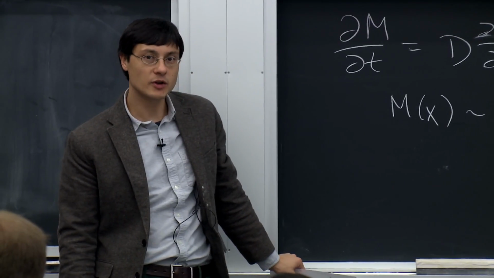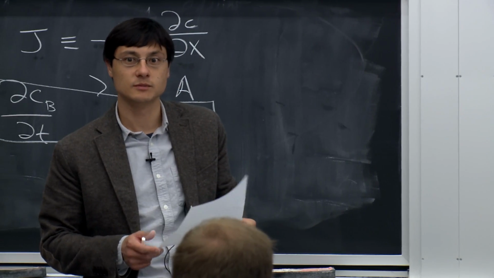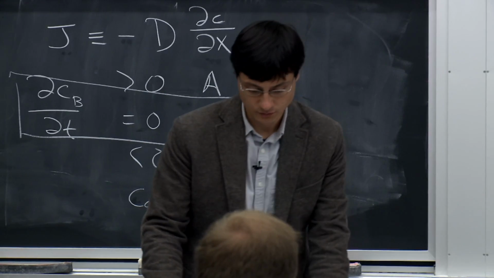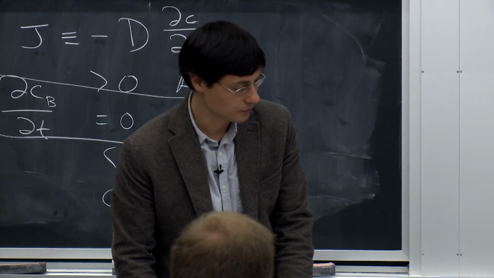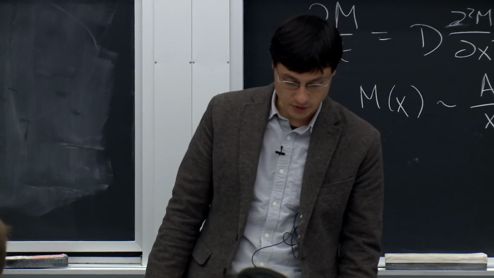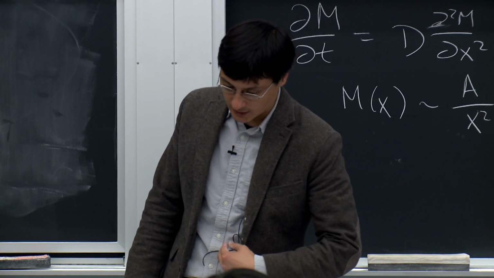Are there any questions about this basic idea and where it comes from? I think the discussion in Uri's book is actually reasonable. So I don't really want to spend too much time on it.